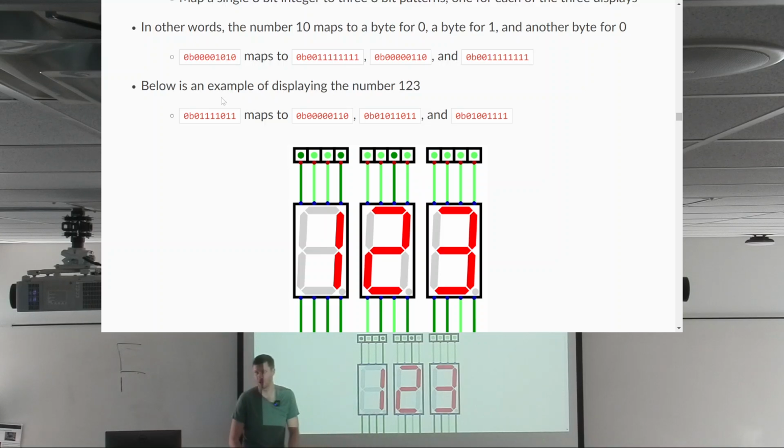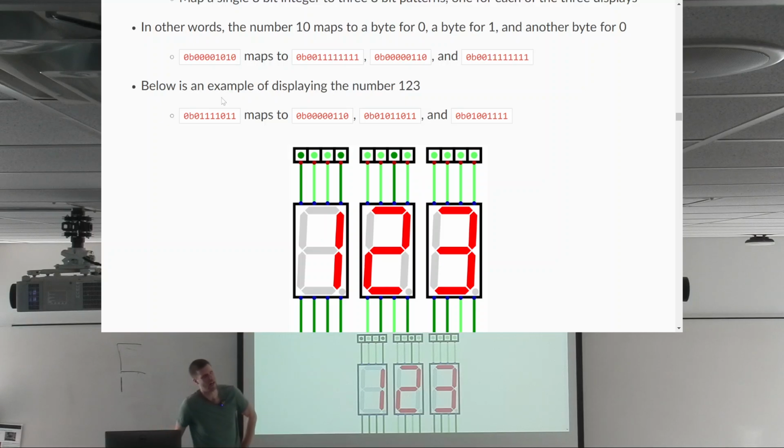But I have 123, meaning 123 actually needs to map to 3 8-bit patterns. 3 patterns for 3 different 7-segment displays. It's a simple solution, but it might feel almost like a little hacky, but no, that's exactly what we need.